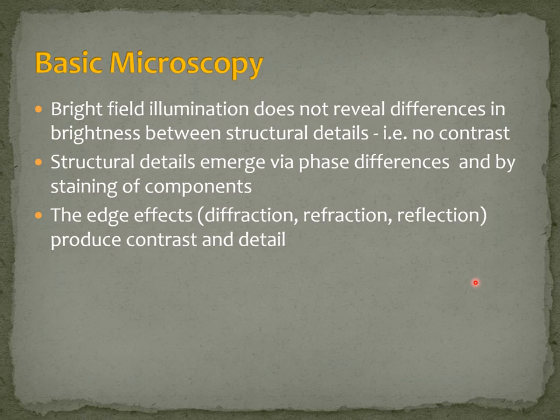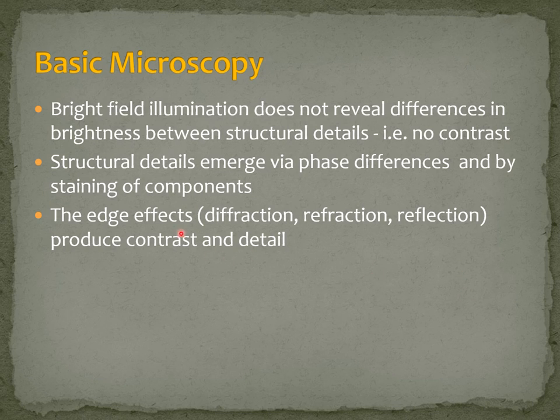Anyway, knowing these characteristics of the light, we can observe these structural details if we manipulate the light in such a way that we can see phase differences, and we could further do it if we stain the components.